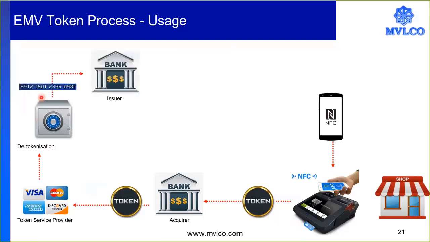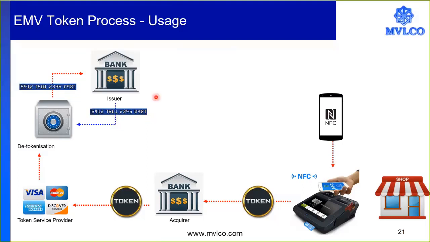Once the primary account numbers are given, the issuer would carry out his normal process, checking whether the card holder is genuine, whether the card is genuine, and whether he has an adequate balance. If the answer to all of these is yes, he would approve the transaction. And when he responds with the message that a transaction is approved, or in some cases rejected, it will still take place using the primary account number.